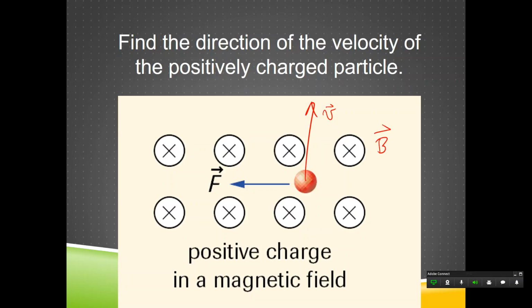Now, that's great, fine and dandy, except you use your right hand for positive charges, you use your left hand for negative charges. You think you'll remember that? So here's my way of remembering it. Who here is in organic chemistry? Okay, a fair bit of you. Those of you in organic chemistry, you know that there is chirality, right?